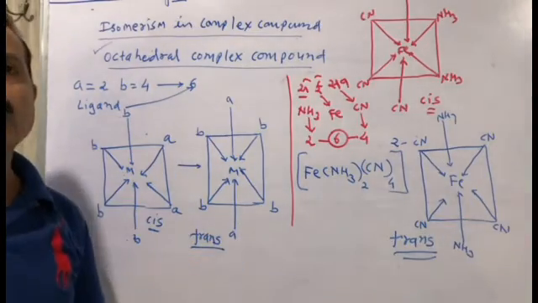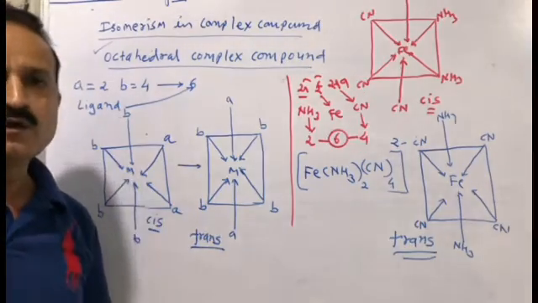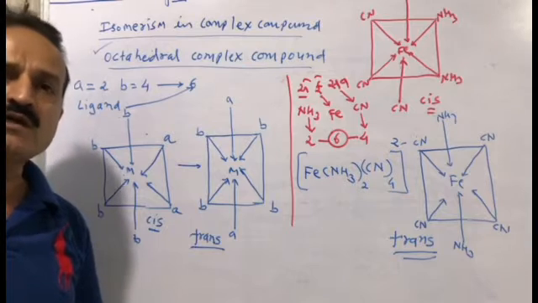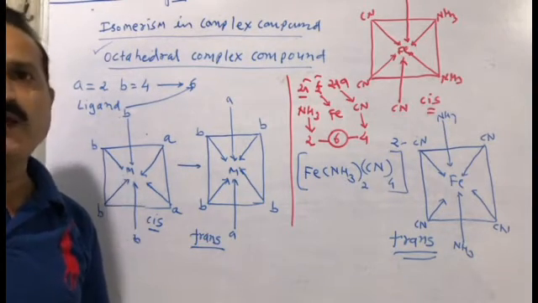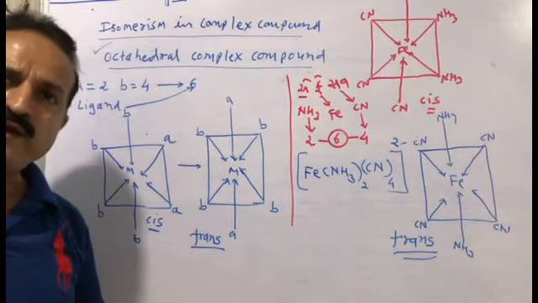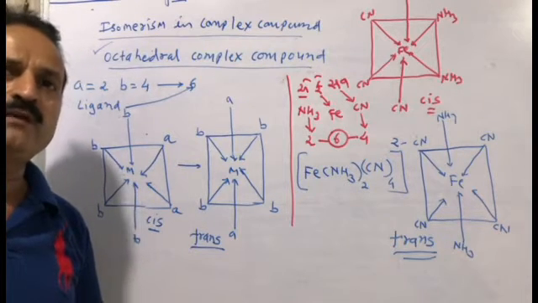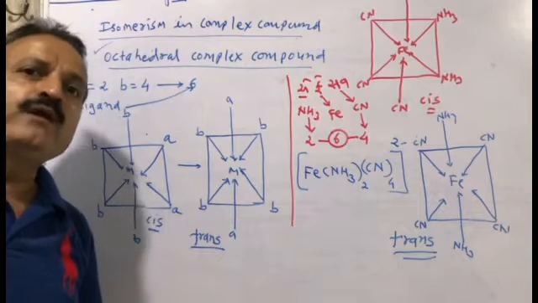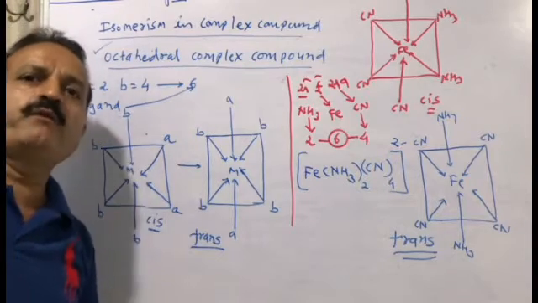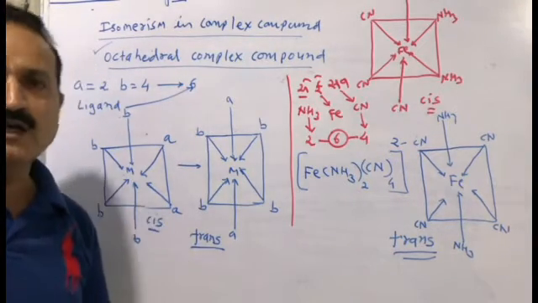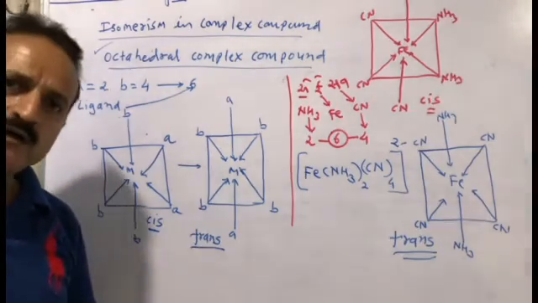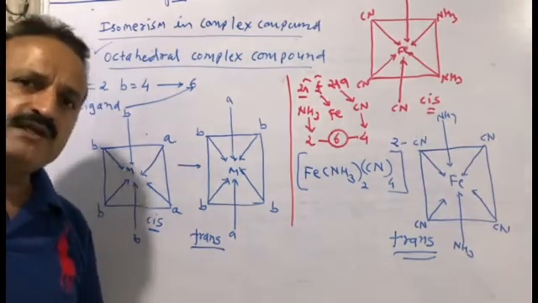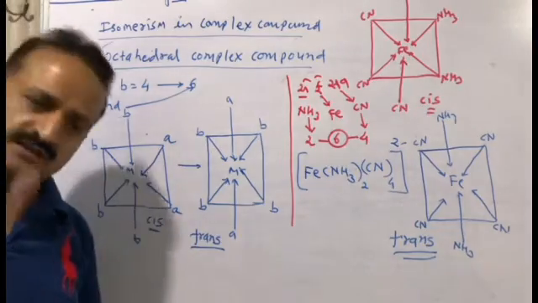Now we have another topic which is related to octahedral complex compounds, but the number of ligands will be 3 of A type and 3 of B type. Instead of cis and trans, it will be said facial and meridional. So how it is facial and how it is meridional structure, let's see.